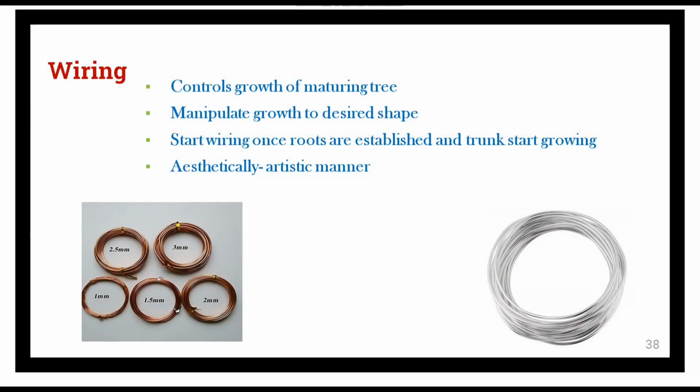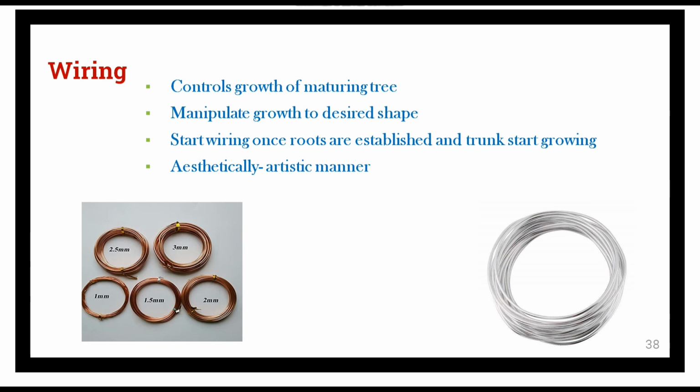The other important technique is wiring. It is very important to control the growth of a maturing tree, and you can manipulate the tree according to your desired shape, might be a cascade or semi-cascade style. You should start wiring once the roots are well established and the trunks start growing, and it gives an aesthetic, artistic manner.